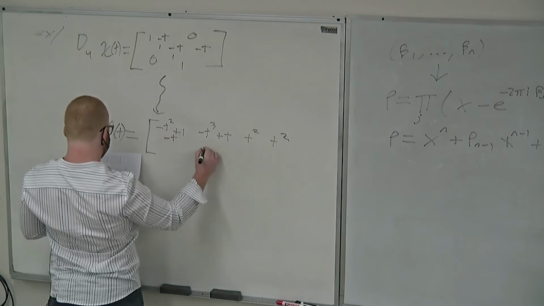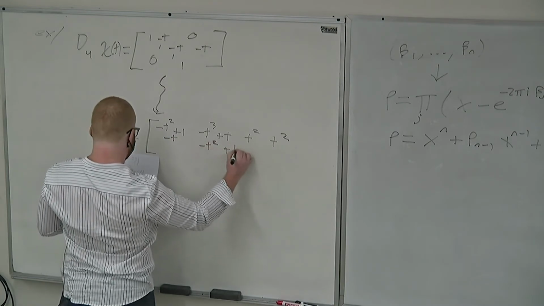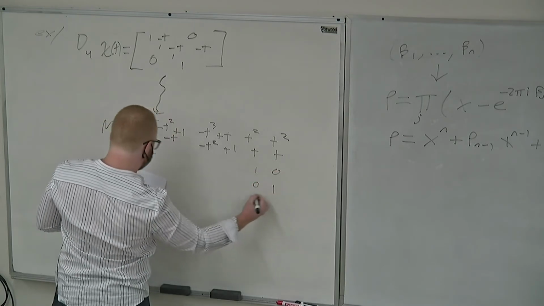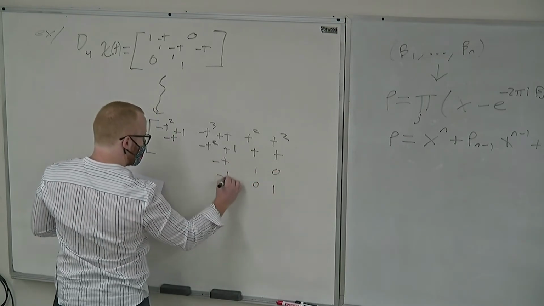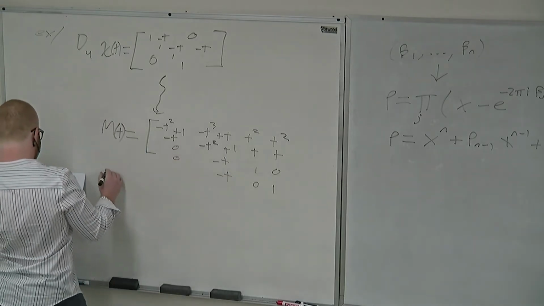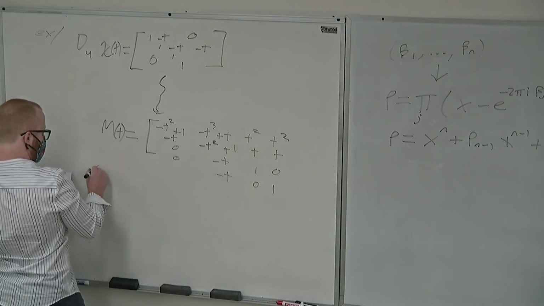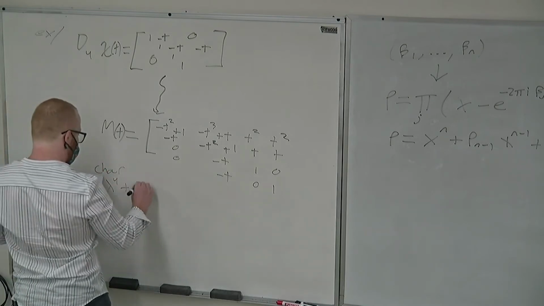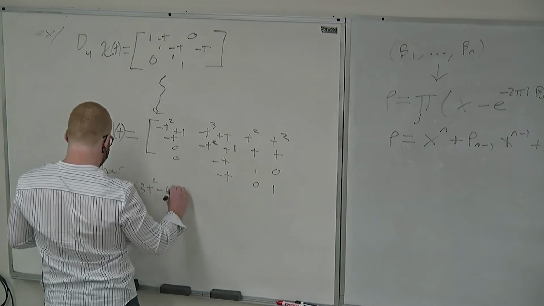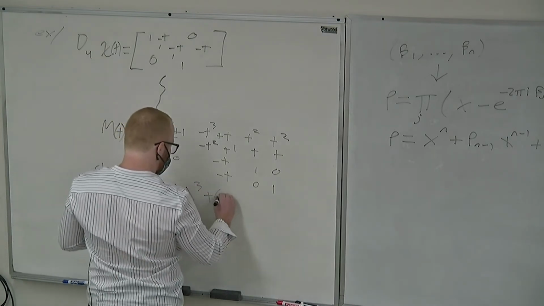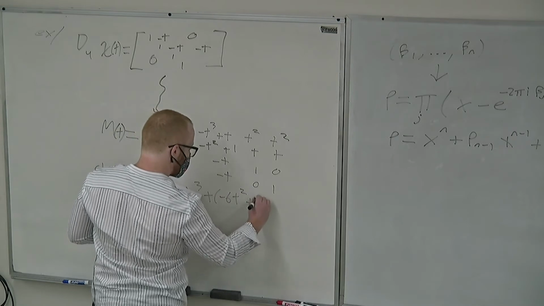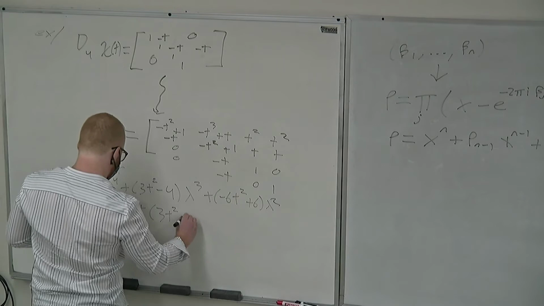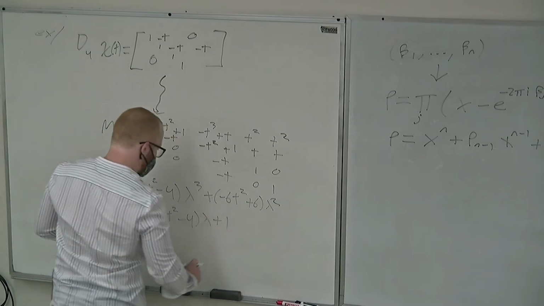We've got negative t squared plus 1, t, 1, 0, 0, 1, negative t, 0, 0. And the characteristic polynomial is just going to be lambda to the 4th plus 3t squared minus 4 lambda cubed plus negative 6t squared plus 6 lambda squared plus 3t squared minus 4 lambda plus 1.